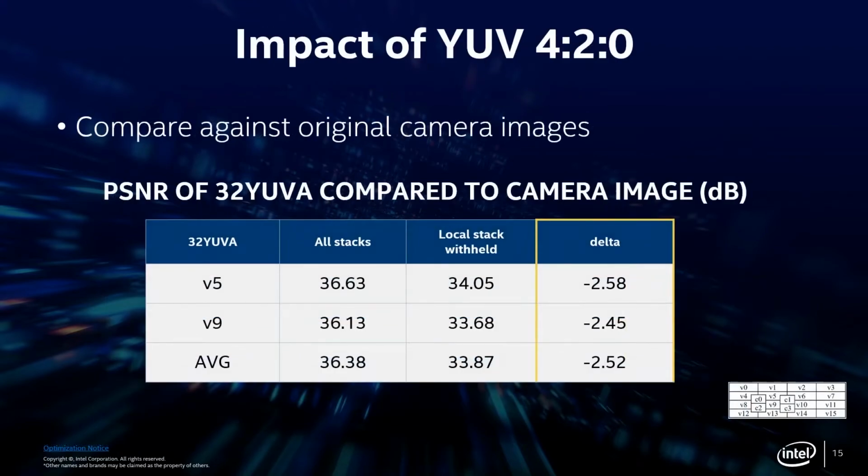So now we wanted to compare the results against the original camera images. And so we rendered the scene at viewpoint 5 and viewpoint 9, which, if you look at the lower right here, are some of our center camera positions. And we used the YUV420 and compared that back to the RGB original texture version of the MPI stacks.